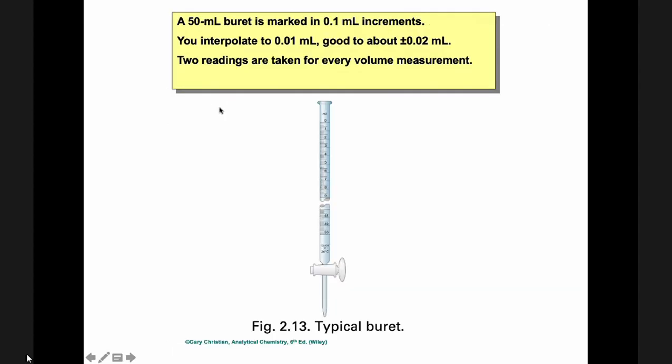Now we go to burettes. Some other labs use measuring pipettes to titrate, but that's not the appropriate glassware to use. It's the burette. So there's a 25 ml burette.